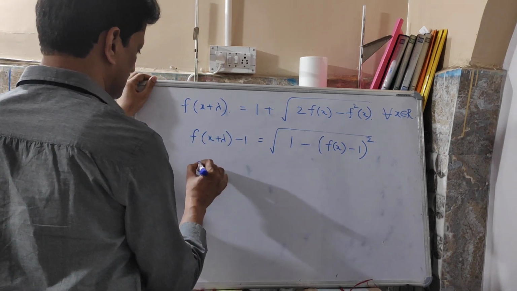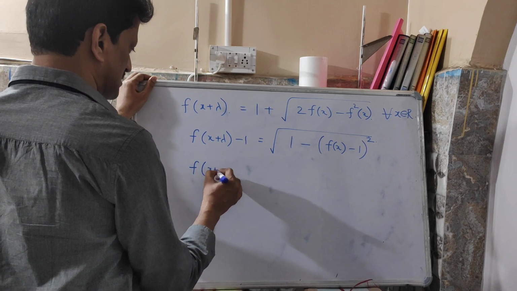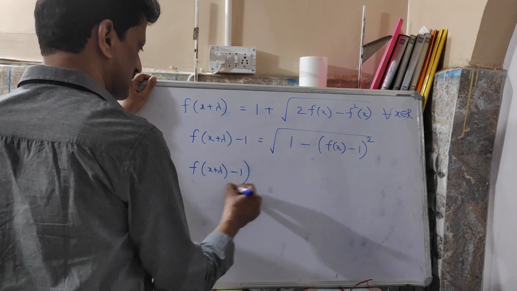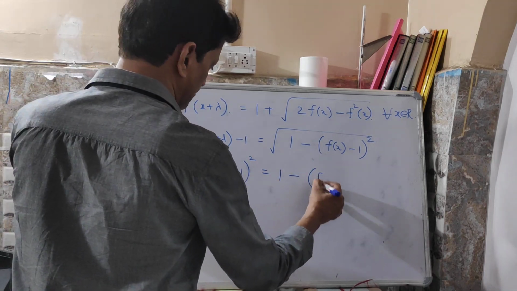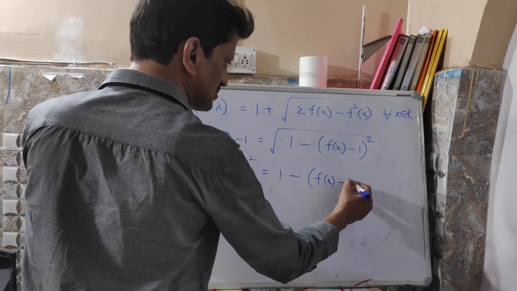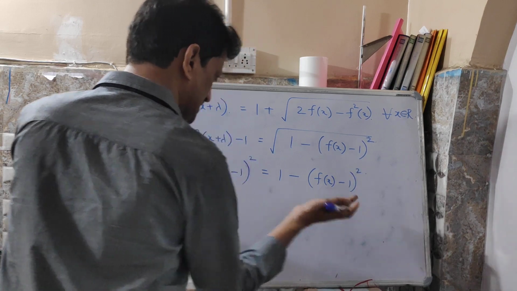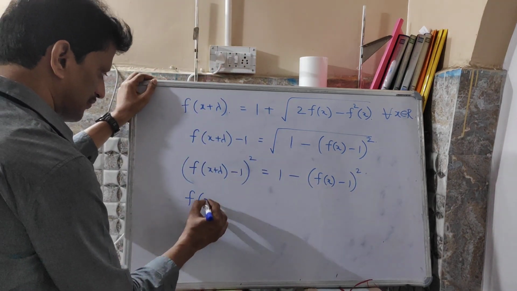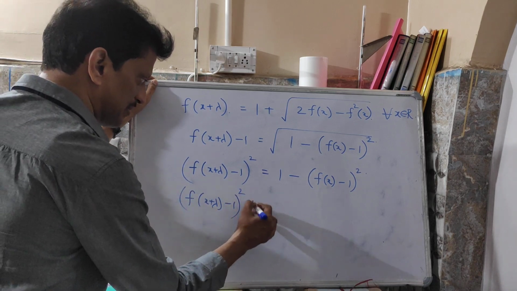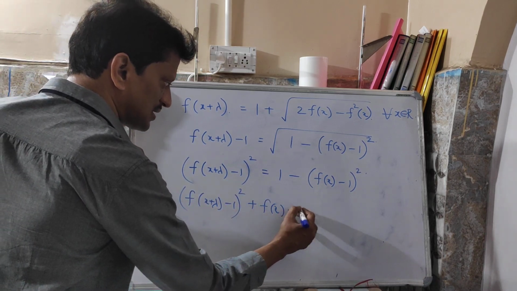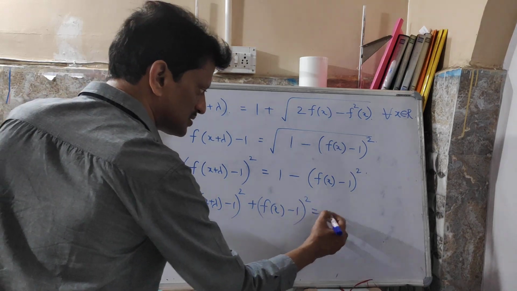So on squaring, f of x plus lambda minus 1 whole square is equal to 1 minus fx minus 1 whole square. You transfer towards left, f of x plus lambda minus 1 whole square plus f of x minus 1 whole square is equal to 1.